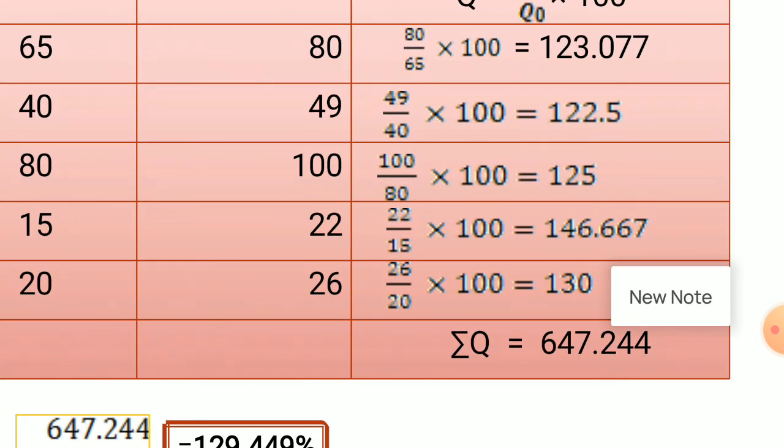Now sigma Q, quantity index for current year, sigma Q is equal to 647.244.